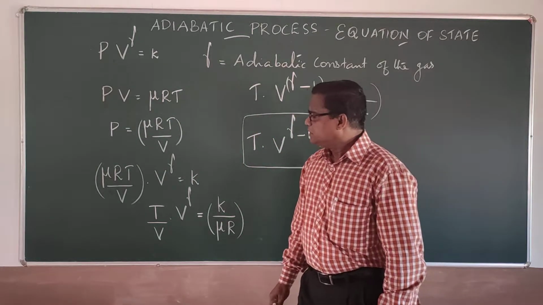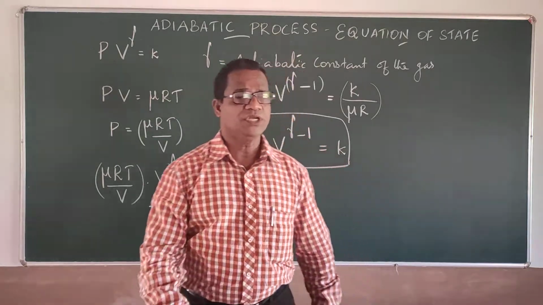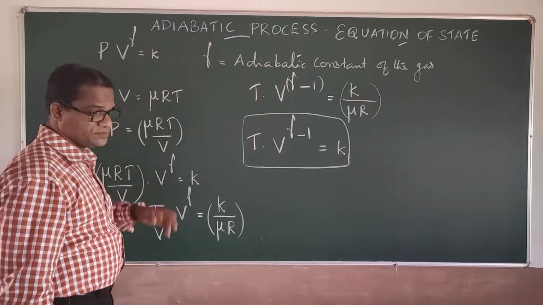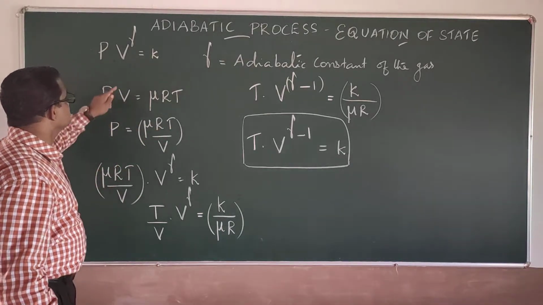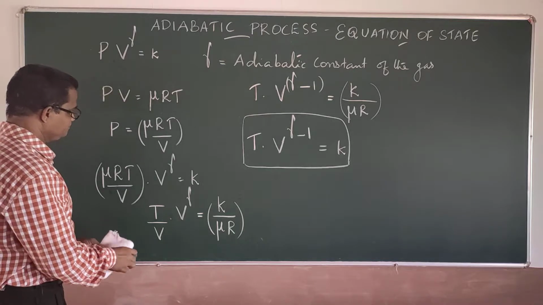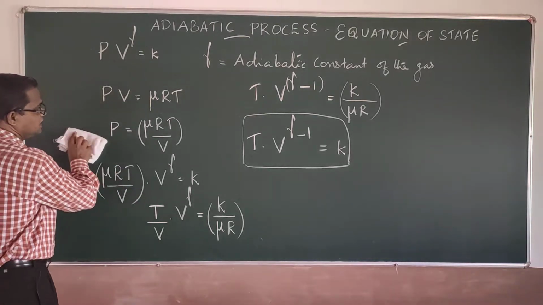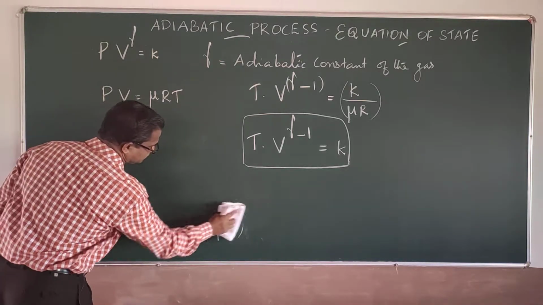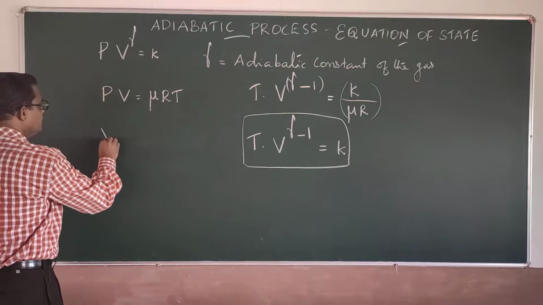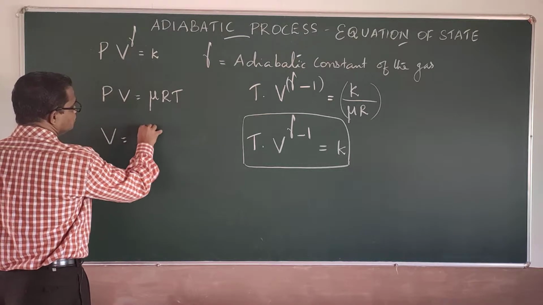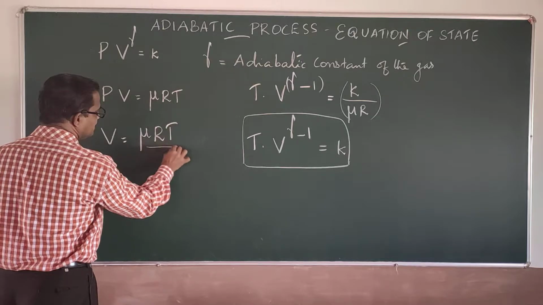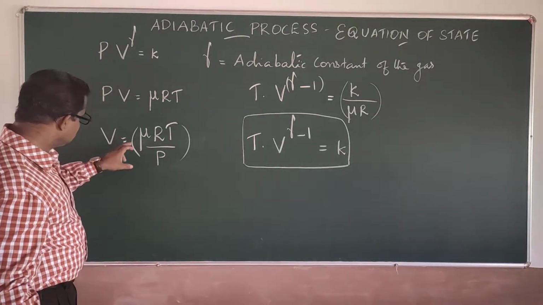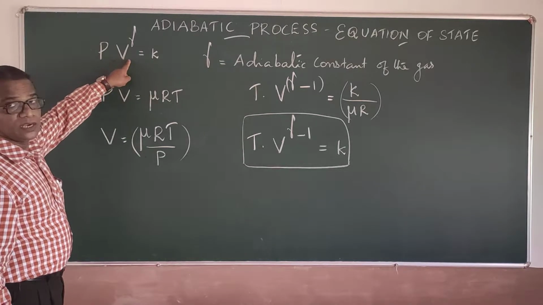Now the same way, if I proceed to find the relation between pressure and temperature, what I do here is, in this particular equation, I substitute it again. See, like this. I substitute for V equal to mu into RT divided by P. And take this particular V into this one.